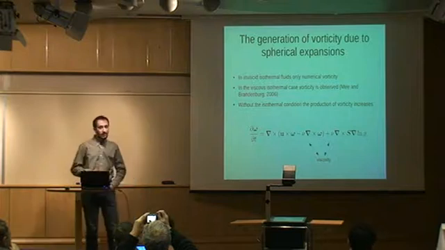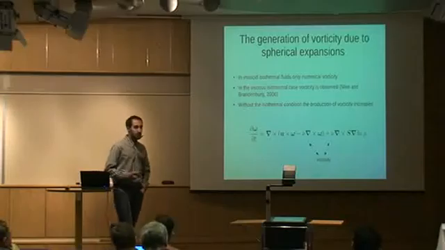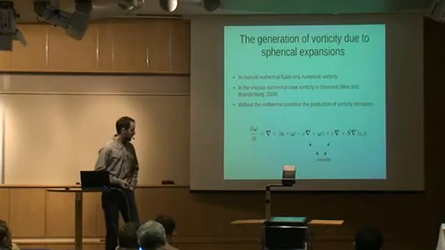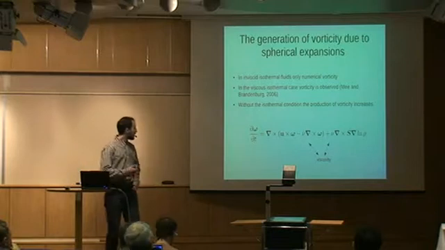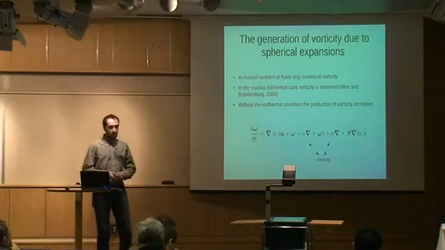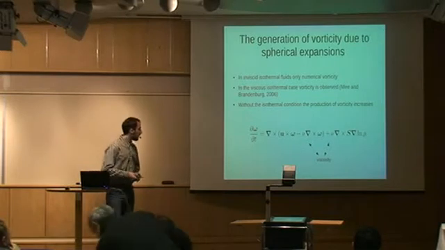But if we remove the isothermal condition, that means we can study a baroclinic case, we see that the production of vorticity increases. And this has been studied also by Marie Corbett and other people.